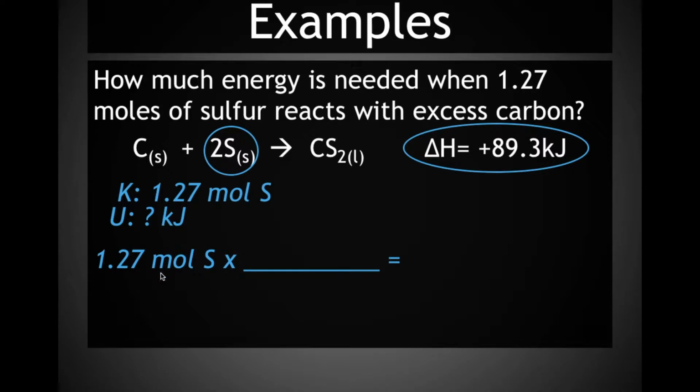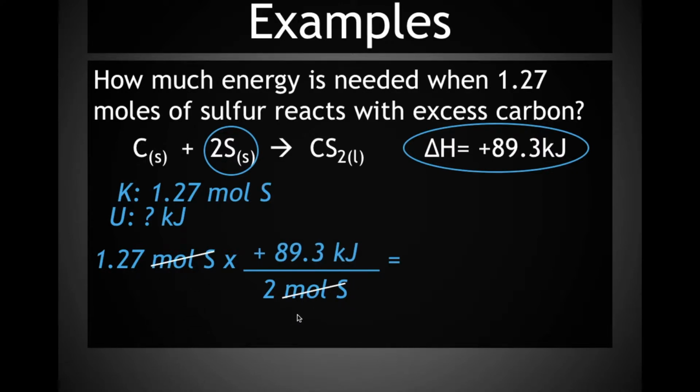So we write our known here, and then we're just going to do a conversion. Moles of sulfur is here, so that means moles of sulfur should go here. We're looking at the equation to find this ratio. So the moles of sulfur should be 2 down here, and then the heat will be 89.3 kilojoules.